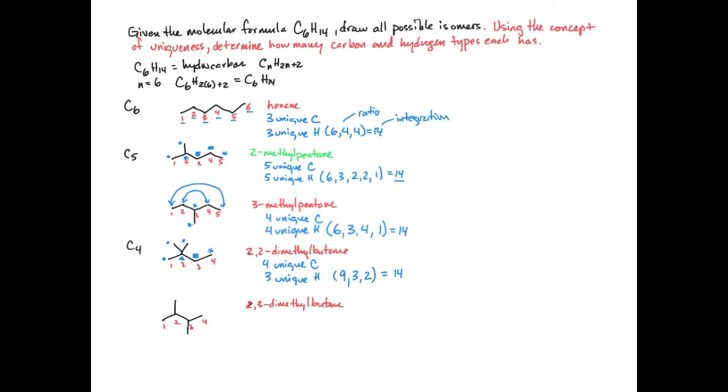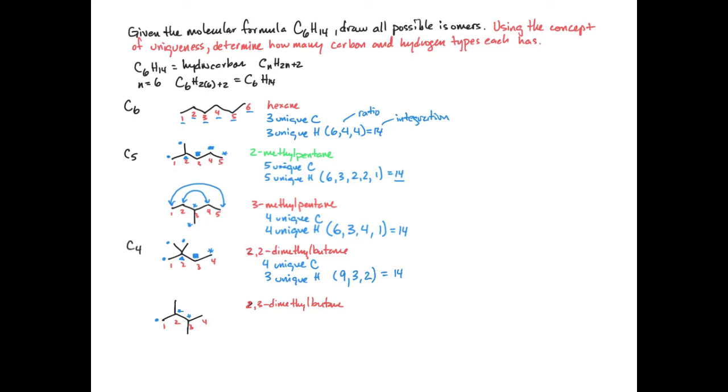And if we look at the unique type of carbon here, we go along the chain, we have a methyl group, position 1. Position 2, we have a methine, that's a CH. Then if you look, you have another methyl group at carbon 2. Go out to carbon 3, that's a methine. And then you're going to find that carbon 4 and the substituent at carbon 3 are the same.